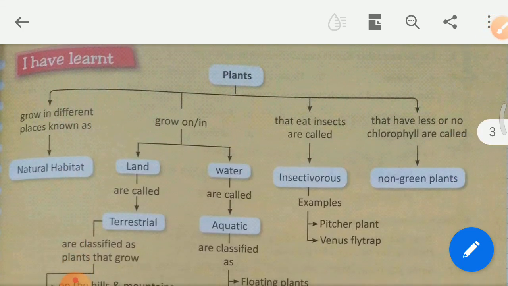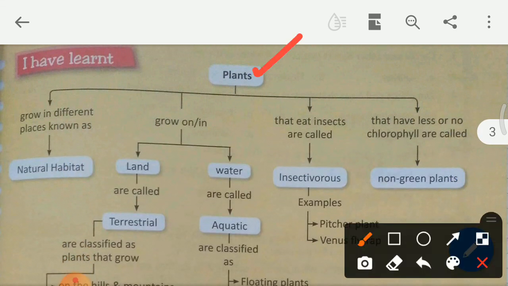The next one, we know that the places where plants grow are known as natural habitat. Grown on land and grown in water. If it grows on land it is called terrestrial. Grown in water means aquatic.